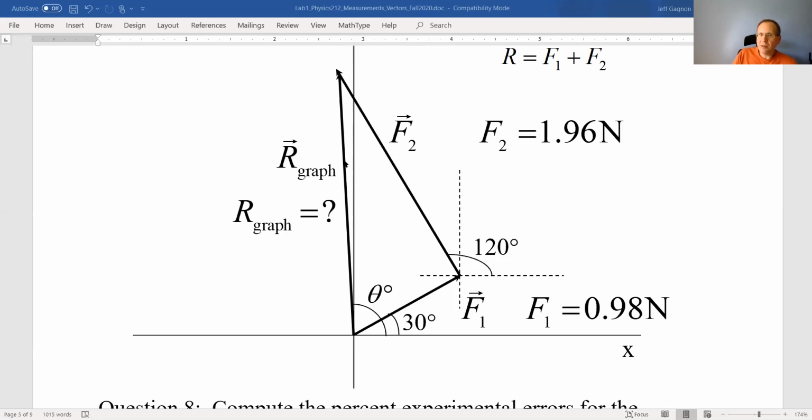And then using your unit conversion factor again, you know that 5 centimeters is 1 newton, you can convert back to newtons. Basically, you would divide by 5 in this case, or multiply by 1 newton over 5 centimeters, which is the same as dividing by 5. So to get the magnitude, you're going to measure it and then convert back to newtons by dividing by 5. And then how are you going to get the graphical angle here? Just measure it with a protractor. So when you do this nicely on graph paper, you can measure that angle with a protractor.